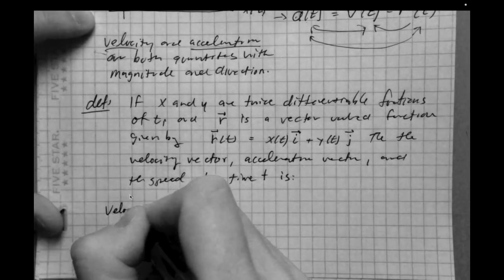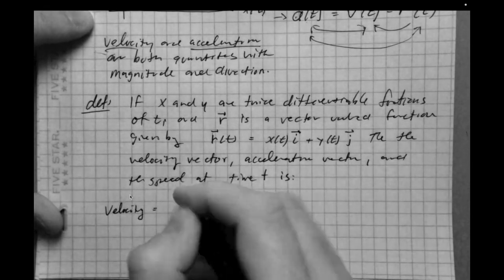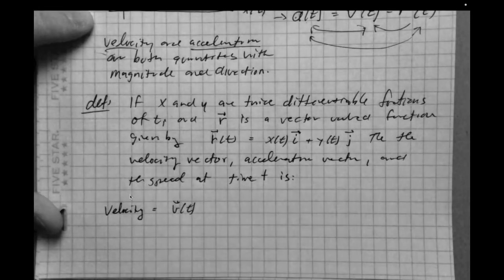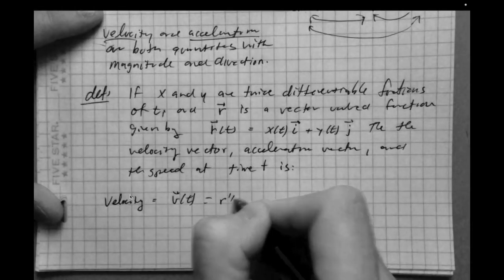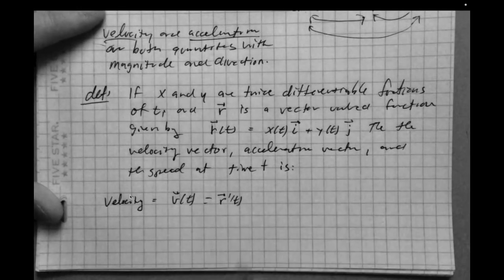The velocity, which we call v(t), a vector-valued function of t, is equal to the derivative of the position vector.